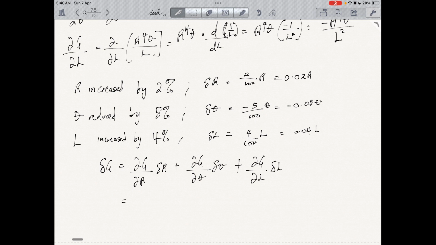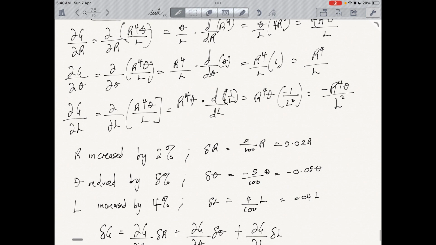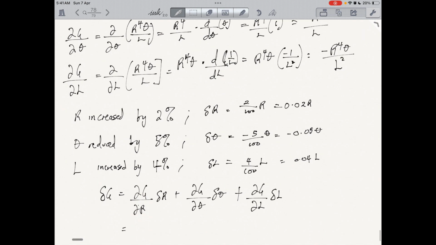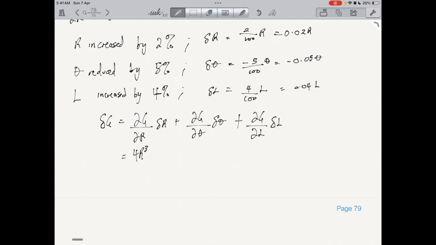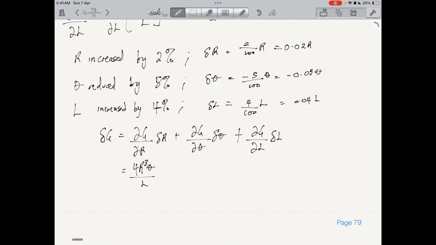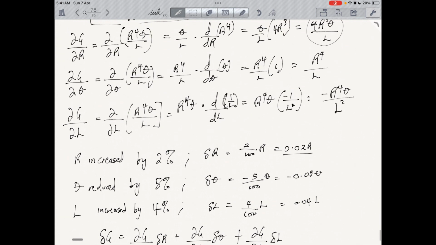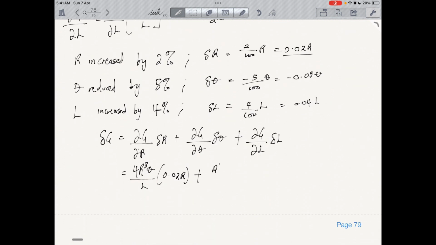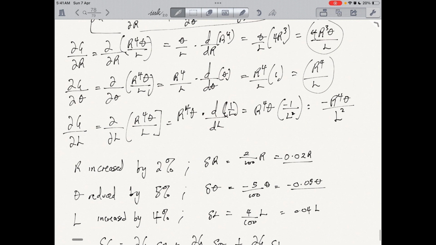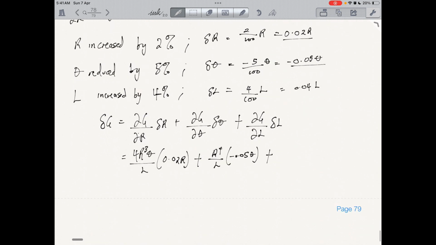Then we make our substitutions. The partial of G with respect to R is 4R cubed theta divided by L, and delta R is 0.02 R, plus the partial with respect to theta, which we have as R raised to power 4 over L multiplied by delta theta, which is minus 0.05 theta, plus the partial with respect to L, which is minus R raised to power 4 theta over L squared.